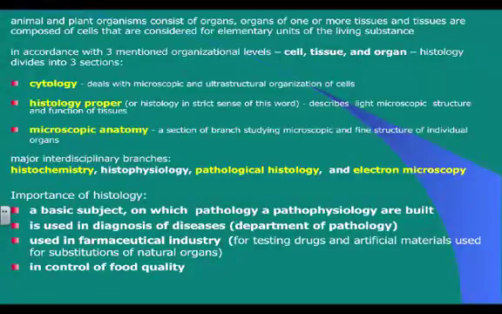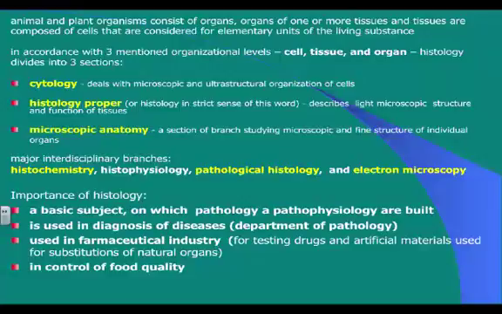But what we do deal with, microscopic anatomy, histology, and cytology. Cytology is what the cell looks like underneath, the organelles. Histology really is what it looks like, how they function in teaching.